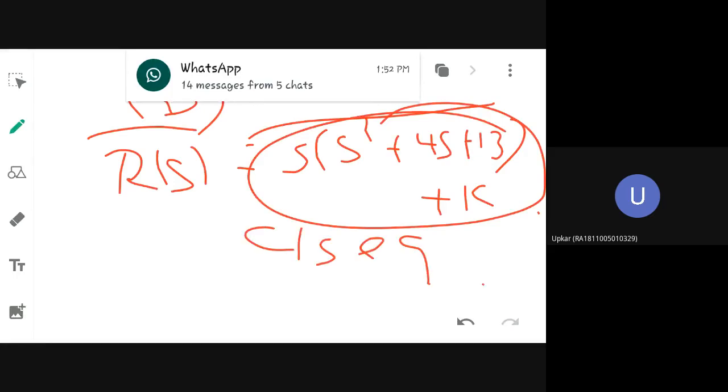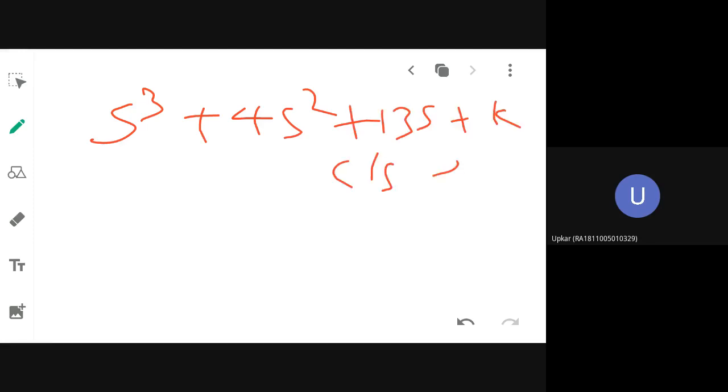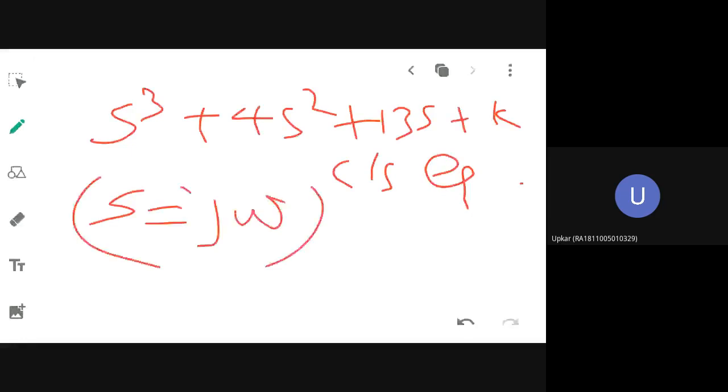Just expand that characteristic equation. If you expand, what will you have? s cubed plus 4s squared plus 13s plus K. This is your characteristic equation. In this you need to substitute s is equal to j omega. Everywhere you are having s, you substitute j omega.